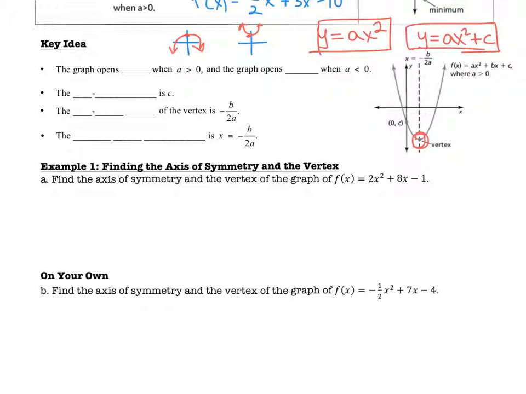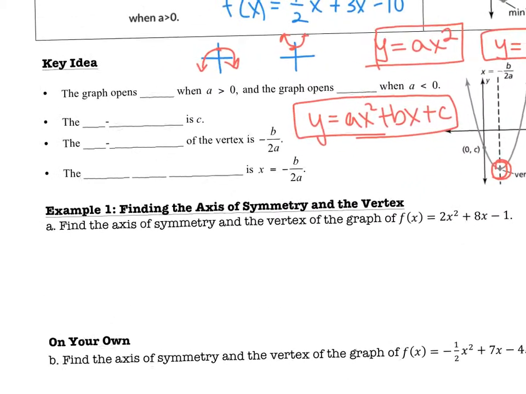And now we have the whole entire equation of y equals ax squared plus bx plus c. And so when we get to this, our vertex is not necessarily going to be on the y-axis, where with these two equations, your vertex will be on the y-axis. All right, so let's fill in some of this information.